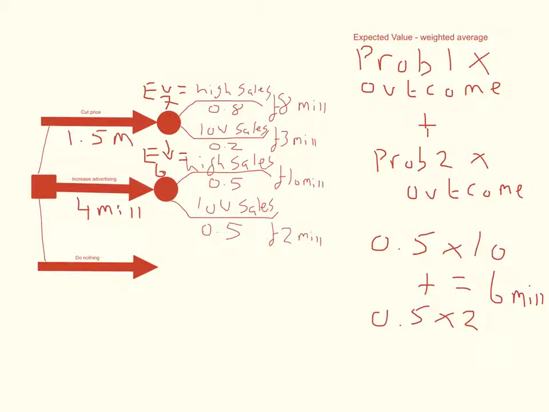So now that we know the expected values and the cost, we can work out what is technically the profit, but what we call when doing decision trees the net gain. So it's called the net gain. What will be the overall gain once all costs have been deducted?